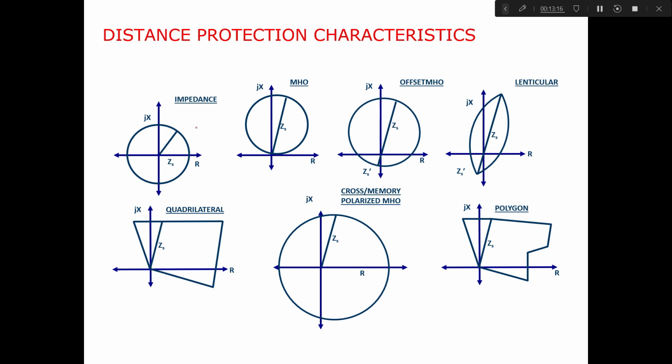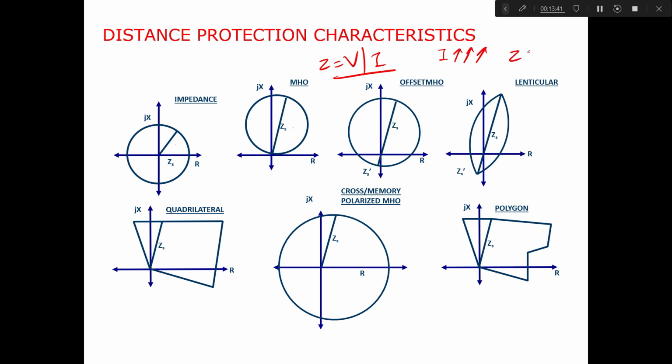But if you see all these three characteristics, all of them have high resistive coverage. But due to this high resistive coverage, there is a chance that these types of characteristics might maloperate during load encroachment. What is the meaning of load encroachment? Basically, in simple terms, you know that Z is equal to V by I, and suppose your load is increasing and increasing.